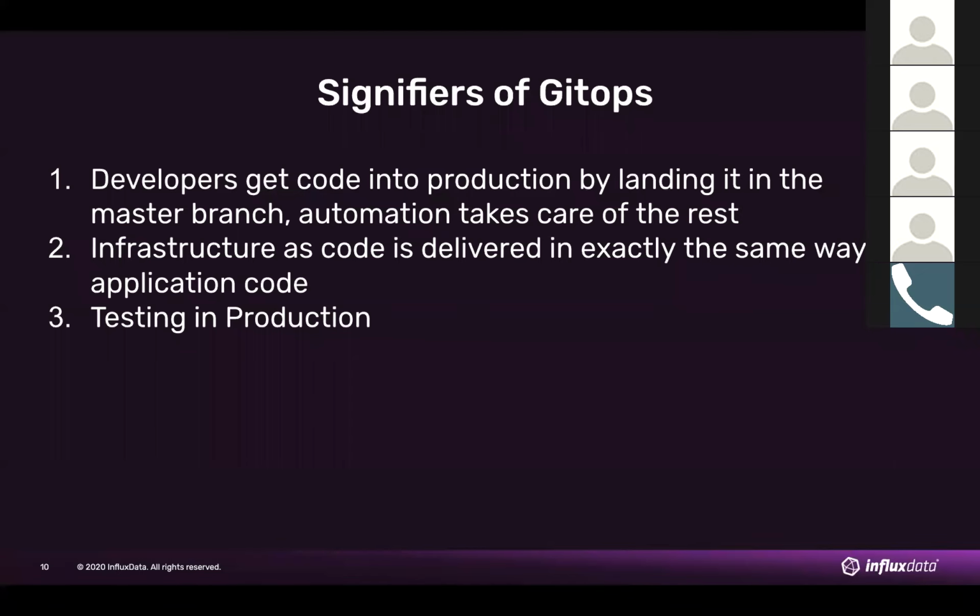So an SRE or a DevOps person makes a change to their configuration code, gets that landed in the master branch, and then the automation deploys that change in configuration everywhere automatically with no further human intervention, right?